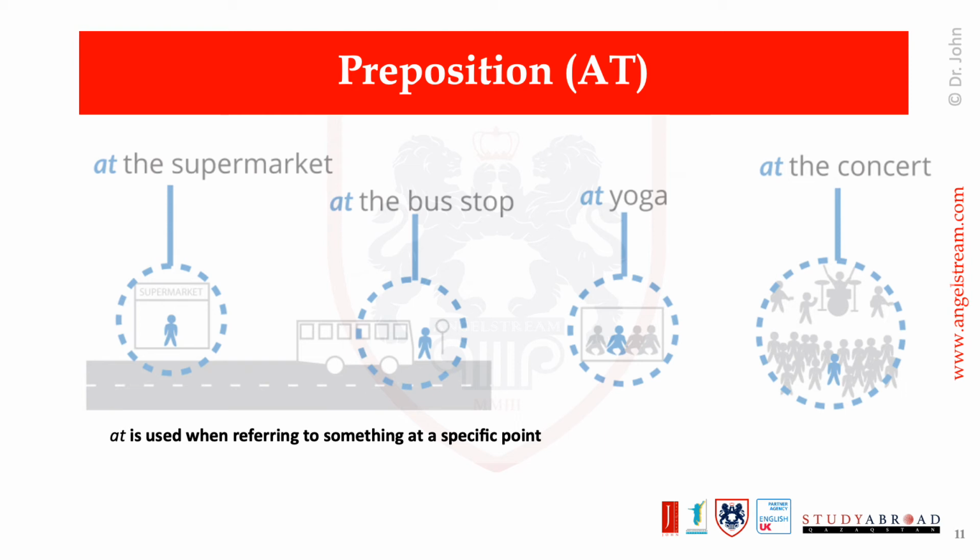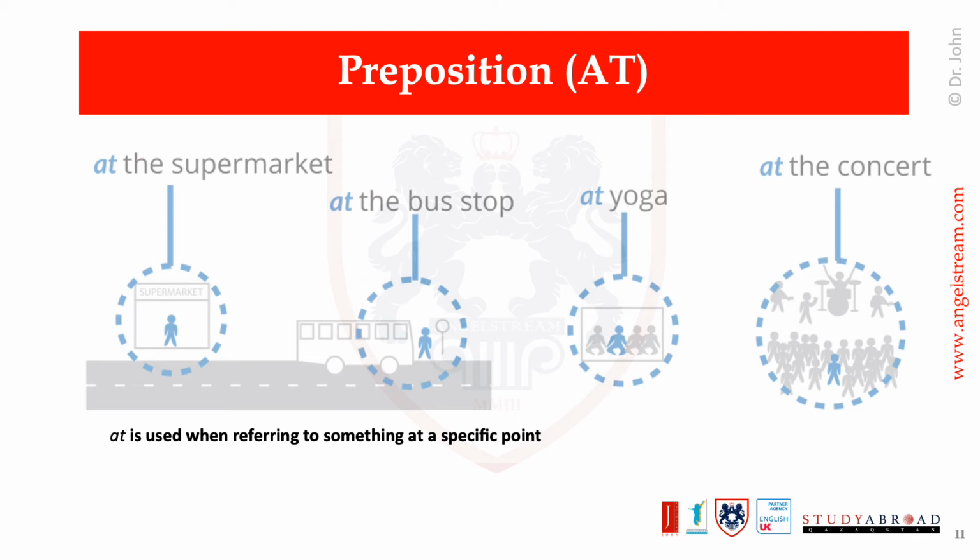So you're not talking about the building that you're inside. You're talking about a point, a location you're close to or near. So you are at the supermarket, you are at the bus stop. And then one more example is when you talk about something in general and you're not specific, you're not talking about boundaries.